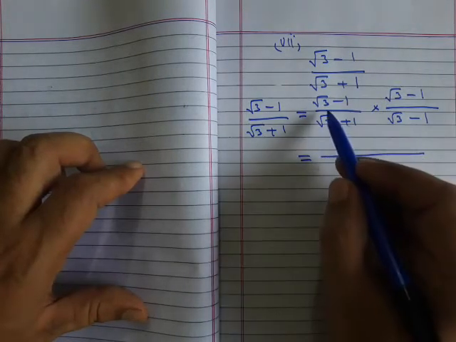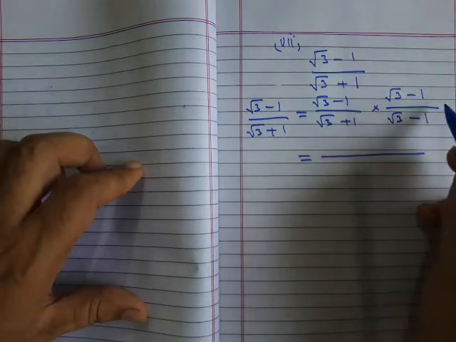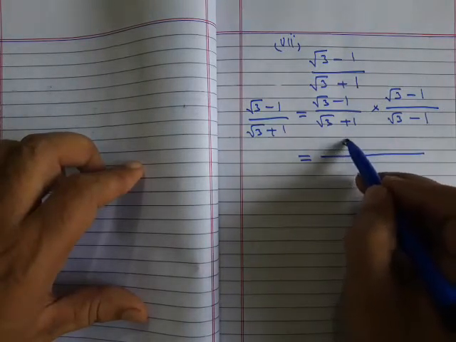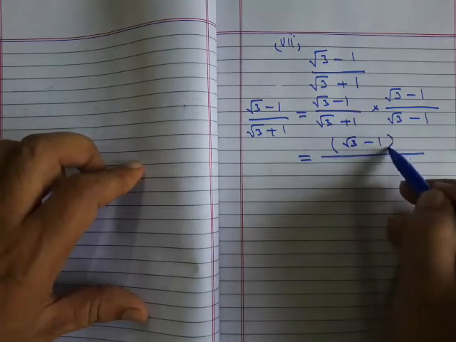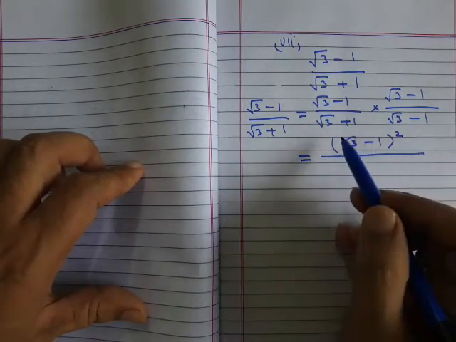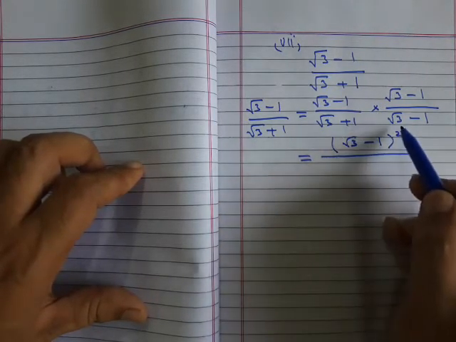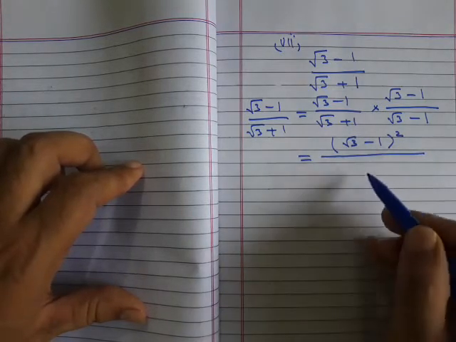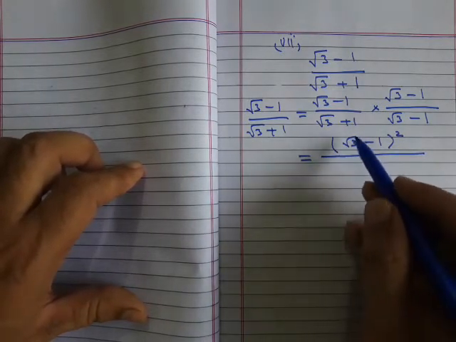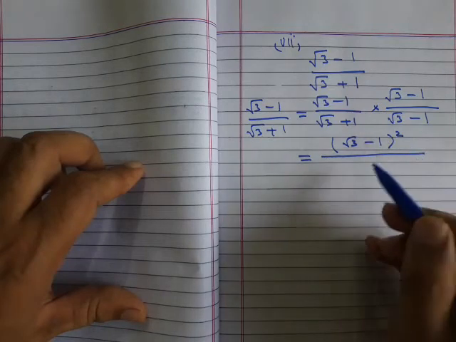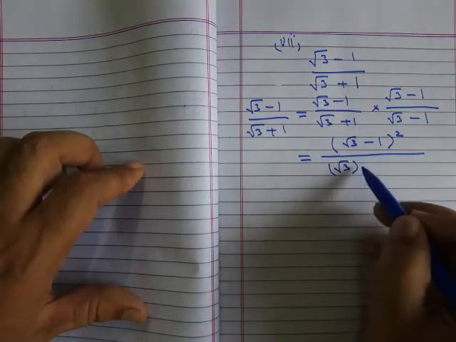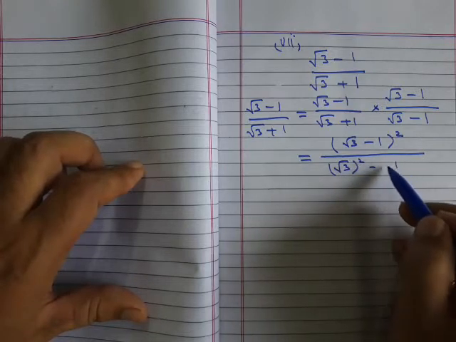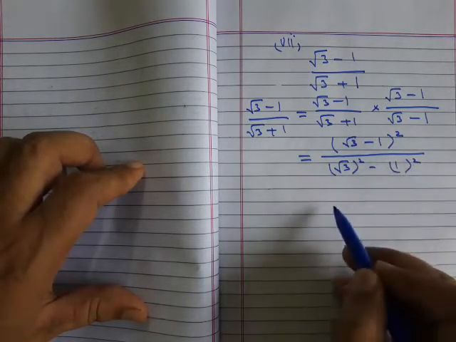You can see that under root 3 minus 1 multiply under root 3 minus 1, so it is under root 3 minus 1 whole square. And under root 3 plus 1 times under root 3 minus 1, it is the formula a plus b, a minus b, that is a square minus b square. Now it is under root 3 square minus 1 square.